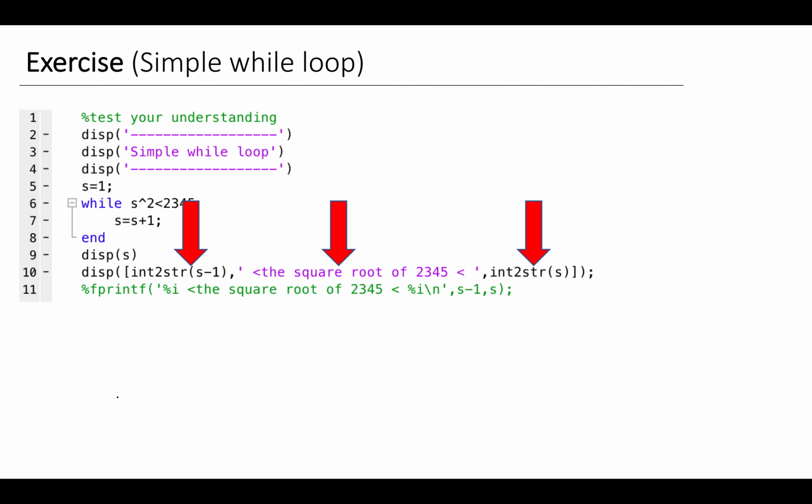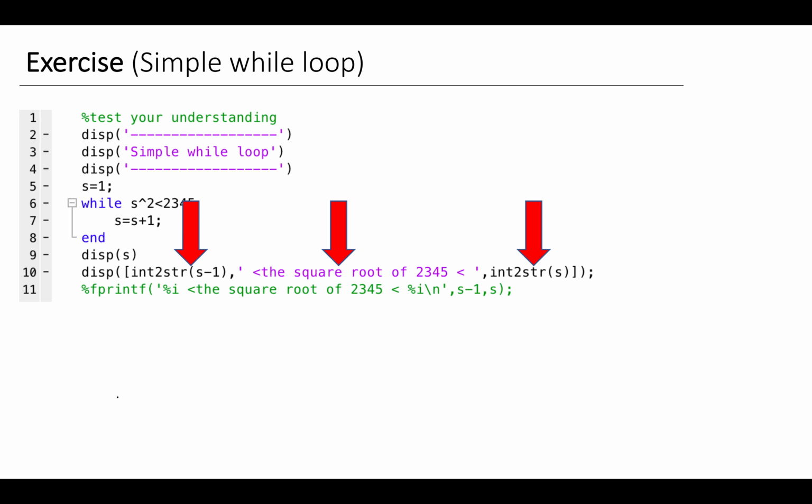I've used the display command. So I'm just printing some information, and I've set this up in a vector because there are 3 pieces of information that I'm interested in. So the middle piece is just a string. It's just some text. It doesn't change. So I can put some quotation marks around that, and that will then print in the output, and that just looks the way I want it to look.